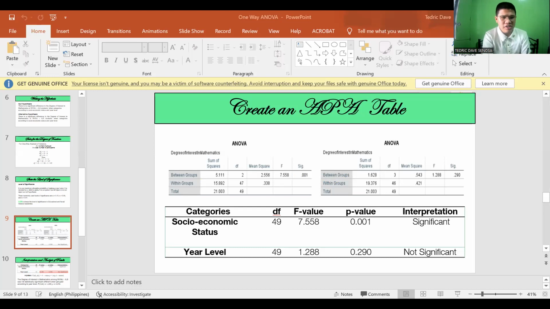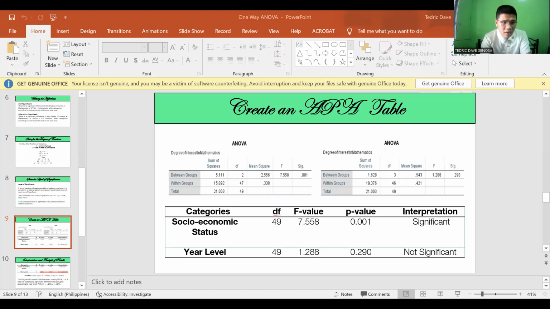We will run again for year level. That was only socioeconomic status. For year level, we run it again: Analyze, Compare Means, One-Way ANOVA again. Of course, we will change the factor to year level. You click OK.